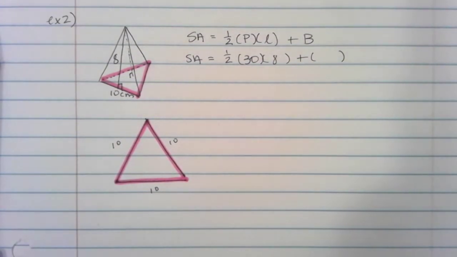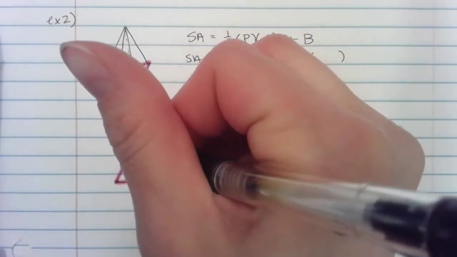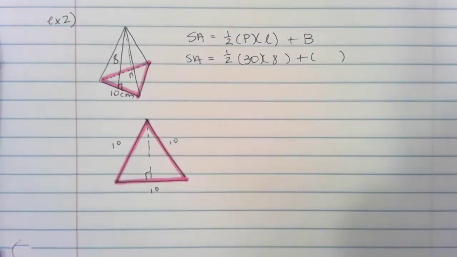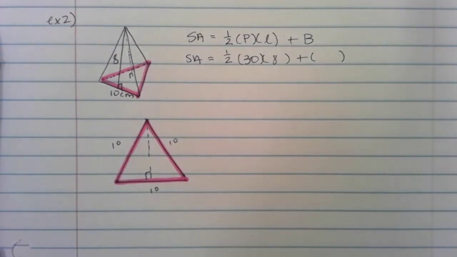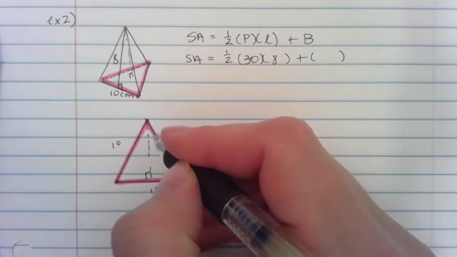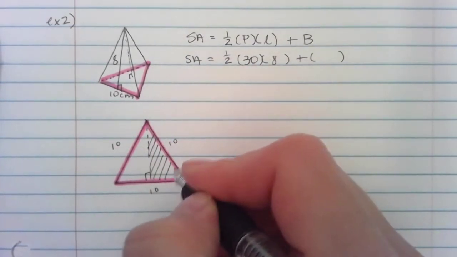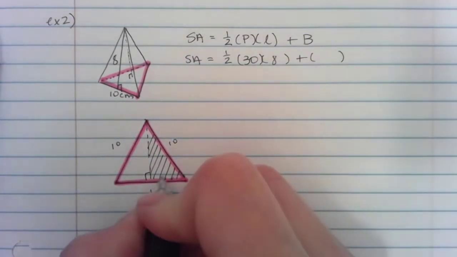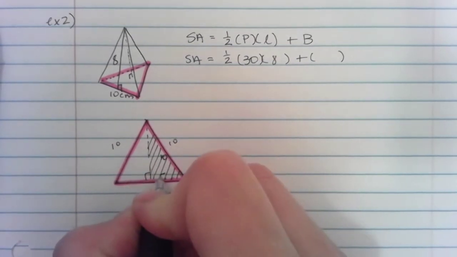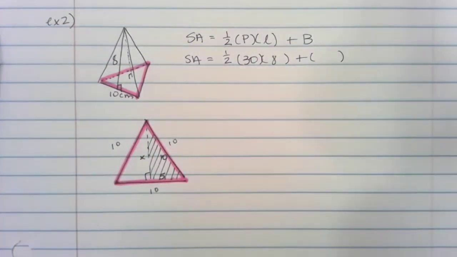So I'm hoping at this point you're going, oh, I know how to find the area of this. There's a few ways of doing it. No matter what you do, you got to do that. So what could we do? What I'm going to do is use the Pythagorean theorem for that triangle right here. And say if this is 10 and this is 5, what is my height?